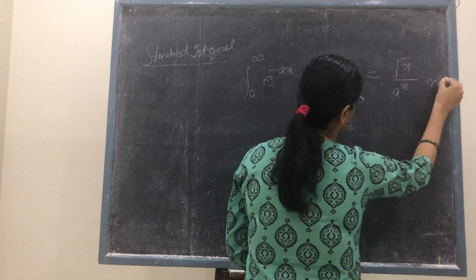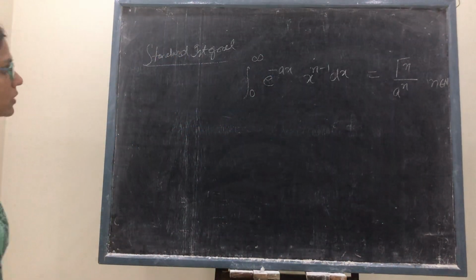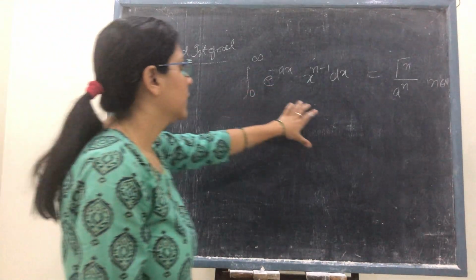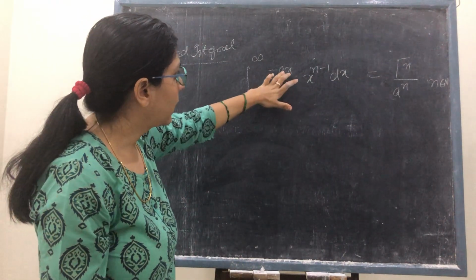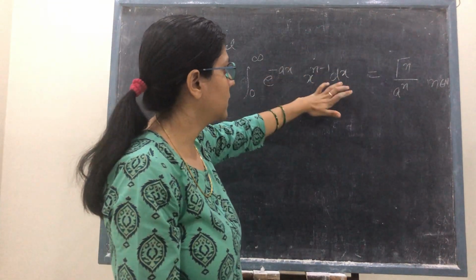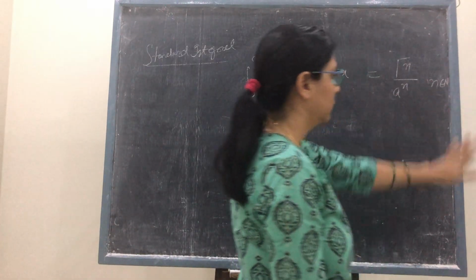Here again, n belongs to natural numbers. So this is known as the standard integral of the gamma function: 0 to infinity e raised to the power minus ax, x raised to the power n minus 1 dx equals gamma n over a raised to the power n.